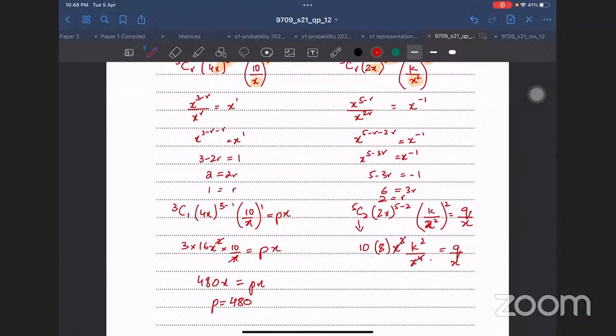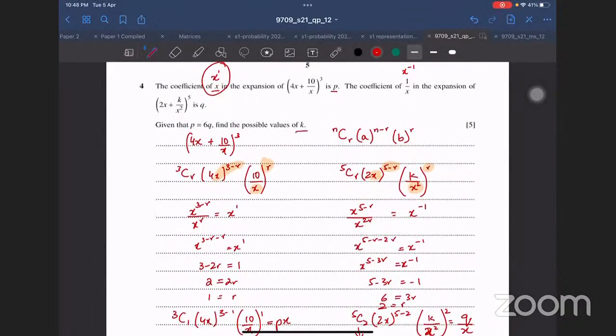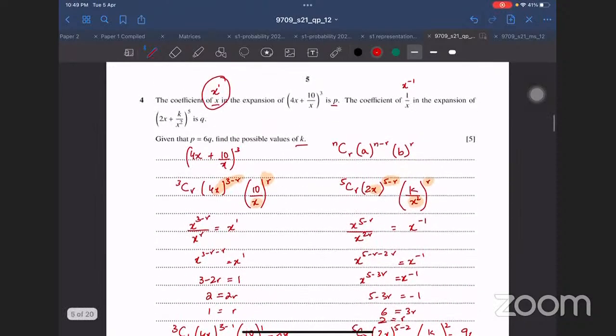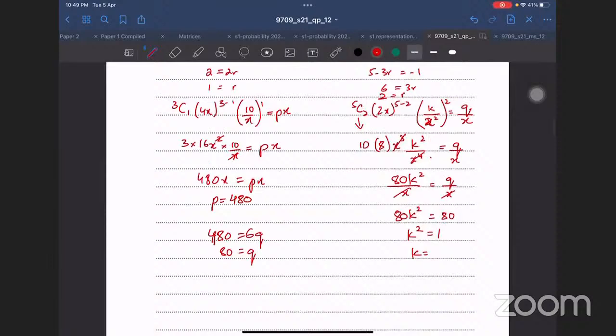ये पावर्स कैंसिल हुई तो ये बना 80k² x equals to q/x। तो x x पे खत्म कर देता हूँ, वो तो इररेलेवेंट है, मुझे तो k की वैल्यू ढूंढनी है। p और q का क्या रिलेशन था? p equals to 6q। तो मैंने कहा कि 480 equals to 6q हो जाएगा। q is 80। Okay, so I get 80k² equals to 80, k² equals to 1, k is therefore equals to plus or -1.